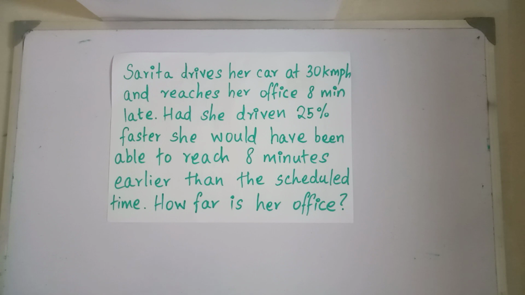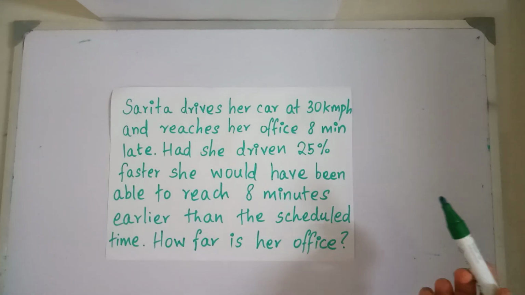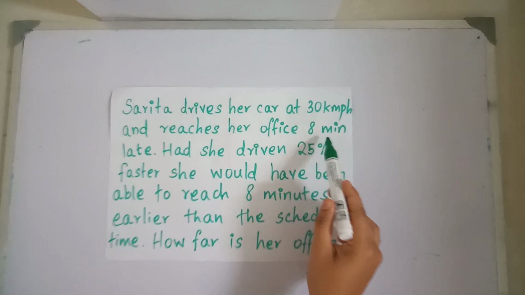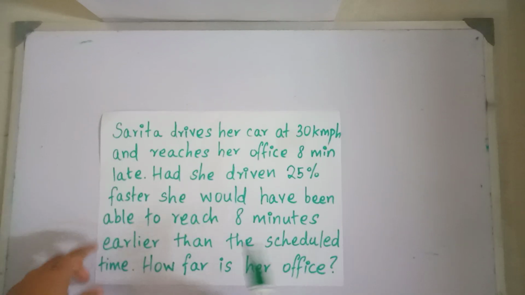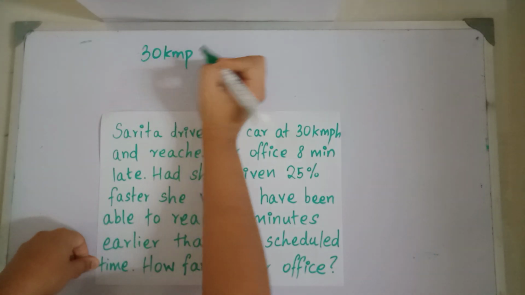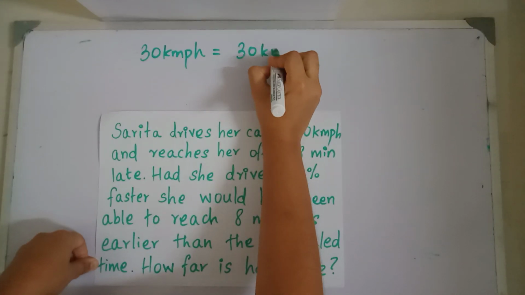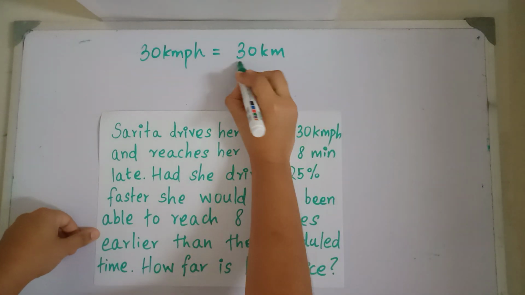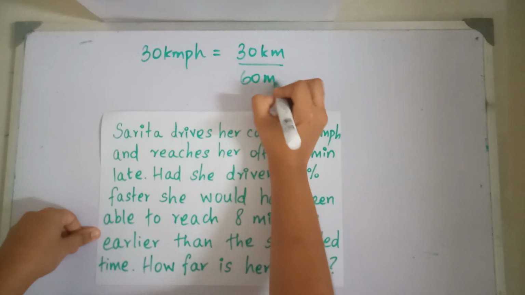Okay, first you can see that the question represents the distance in the form of kilometers and time in the form of minutes. So let's convert this. 30 kilometers per hour can be written as 30 kilometers, because the answer is in the form of kilometer, but the question has data in the form of minutes, so 60 minutes.